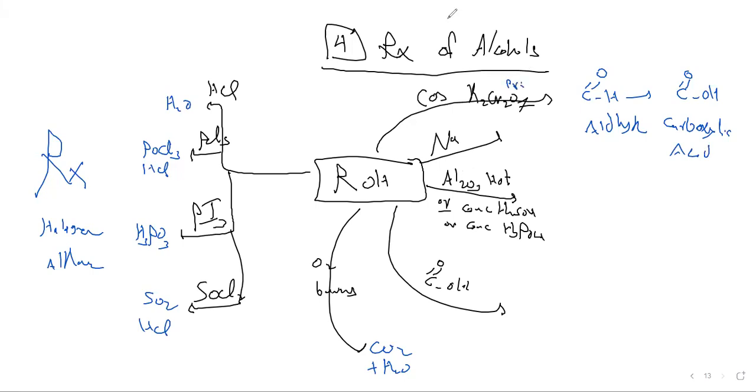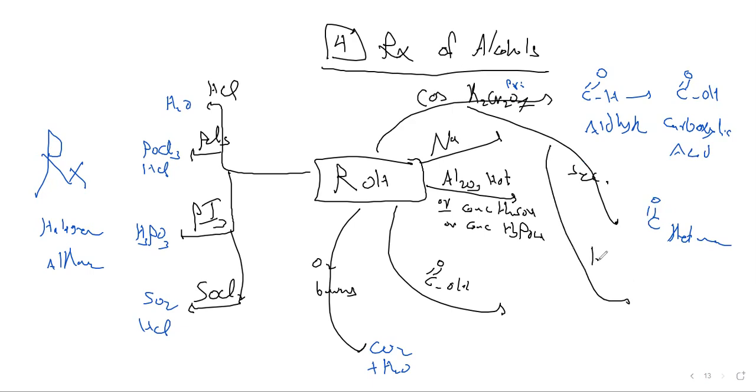In case of secondary, it will be ketone. In case of tertiary, there is no reaction. And the color will change from orange to green in case of primary or secondary.